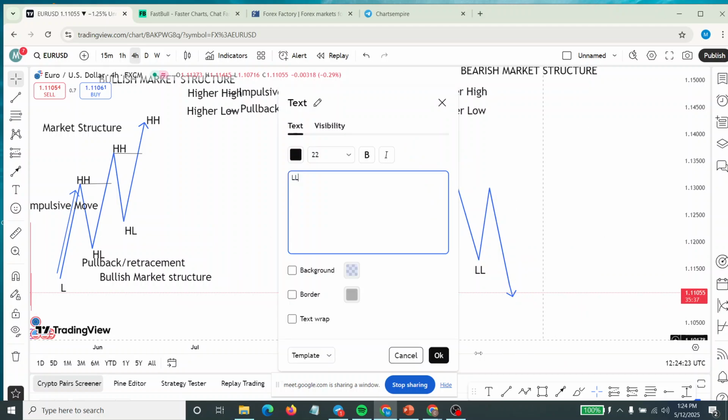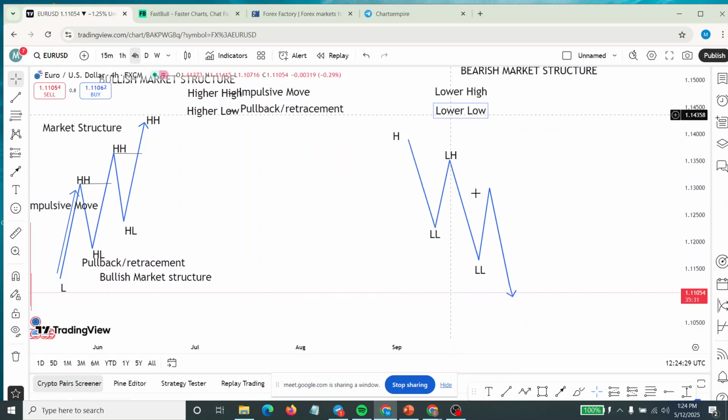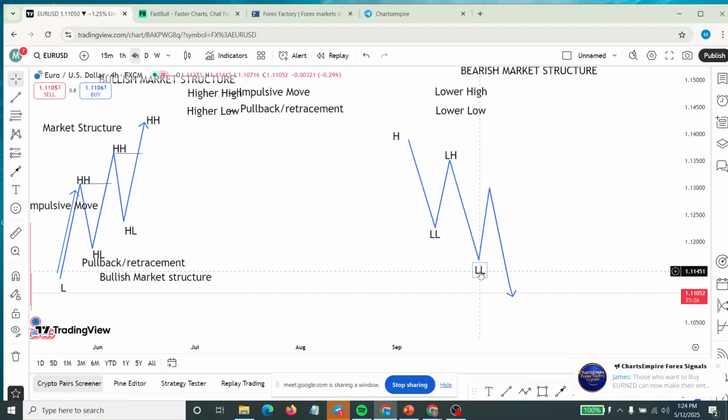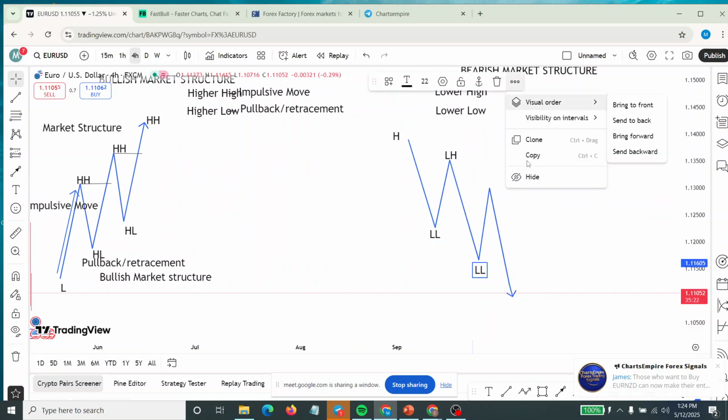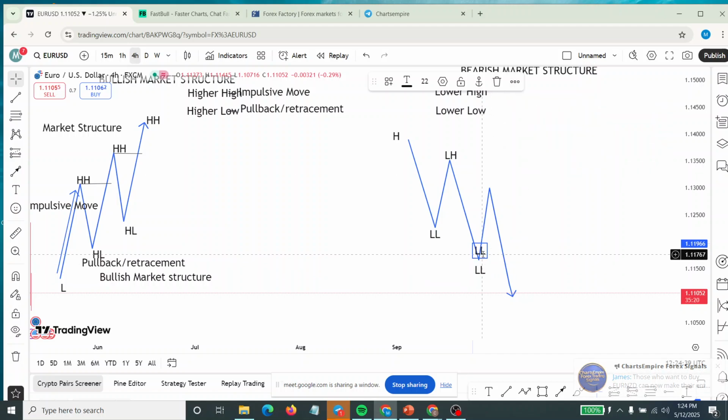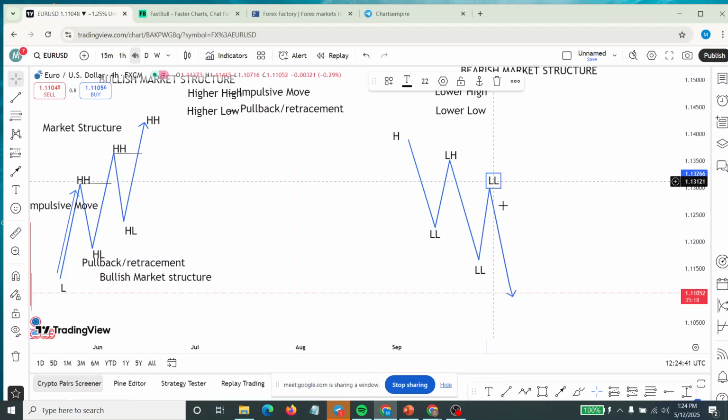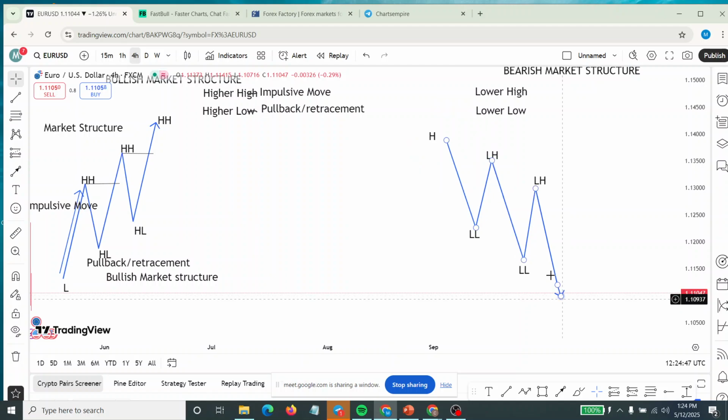You can see now. So you can see we want to see our lower high.